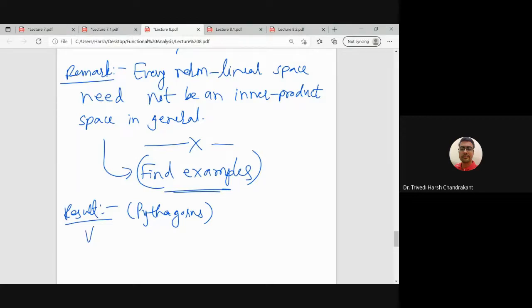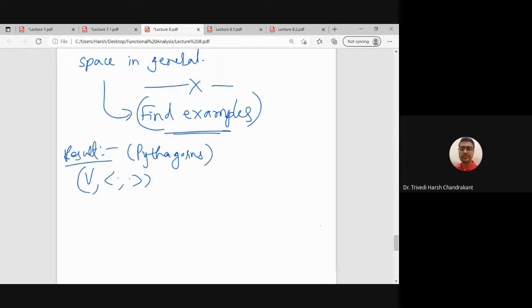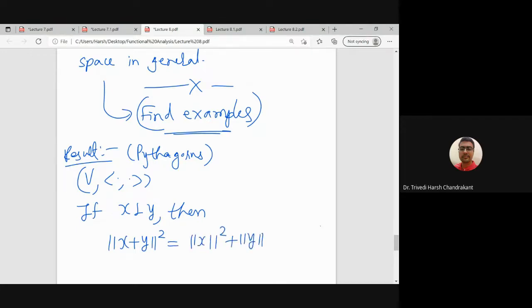If we have an inner product space, and if x is orthogonal to y, which means the inner product of x and y is 0, then norm of x plus y squared equals norm x squared plus norm y squared.